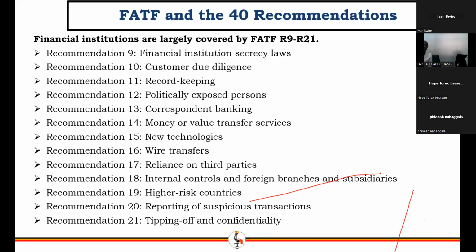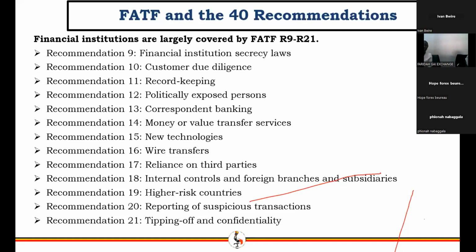So this is the guidance this recommendation is providing in regards to reliance on third parties. Internal controls for foreign branches, what internal controls are you supposed to put in place in the event that you have foreign branches or subsidiaries? Recommendation 19 on high-risk countries.